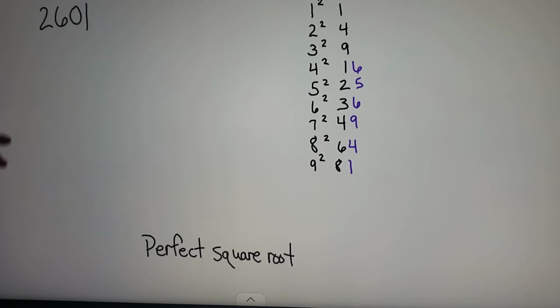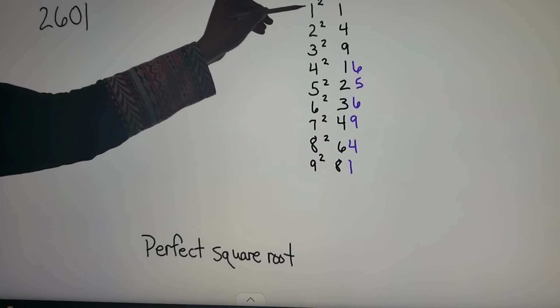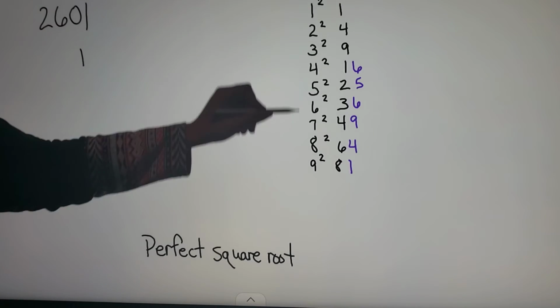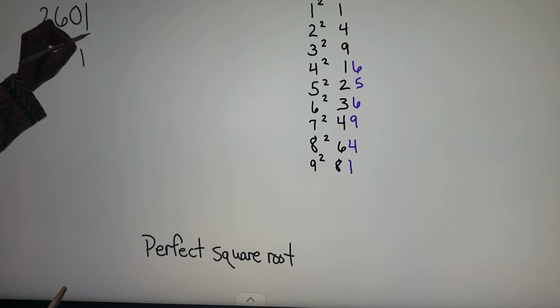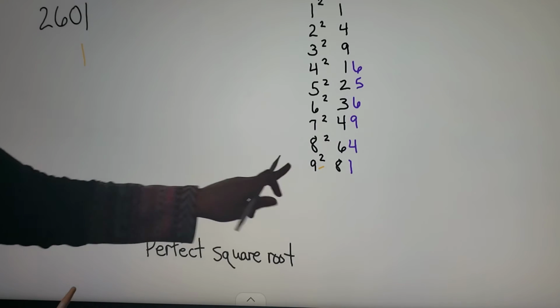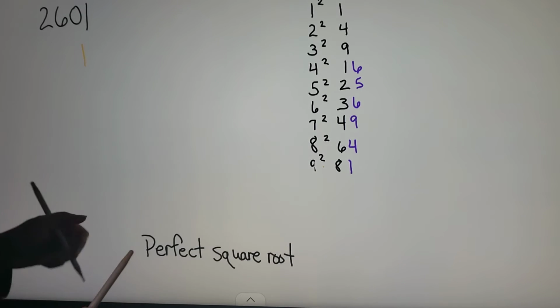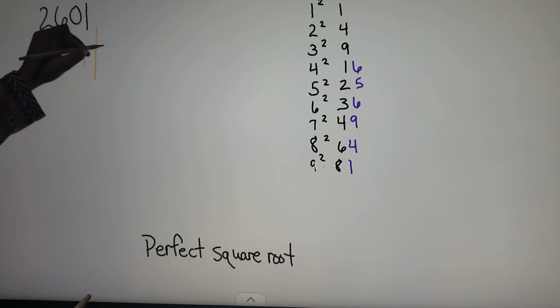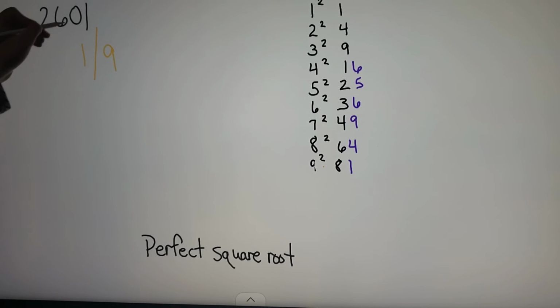So we're going to look at our 1, which we have both 1. There's our 1. And let's change this color again. So we have 1, and then we have, oops, sorry, 9. So we can go ahead and cross that off.